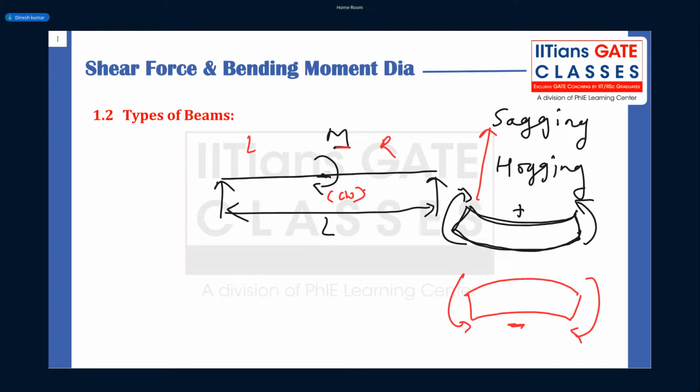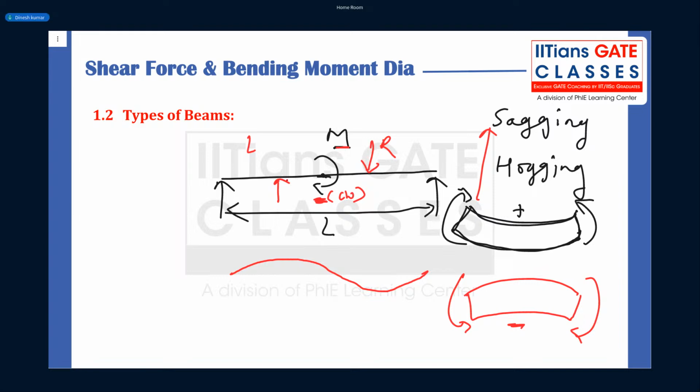So guys, what you do is you just draw the deflection pattern. How will the deflection be? If you see the deflection of this, clear? You can see this clockwise movement. It will press this down and it will press this up. Clear? You guys are understanding?